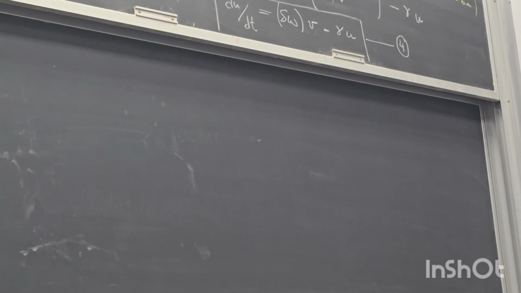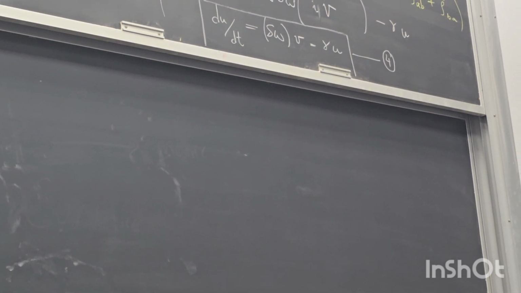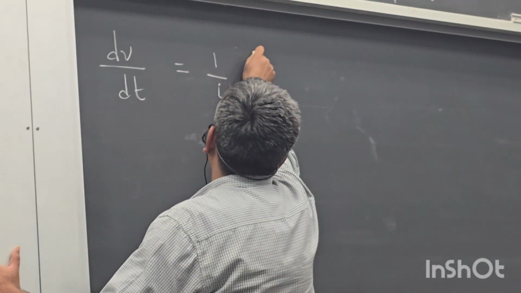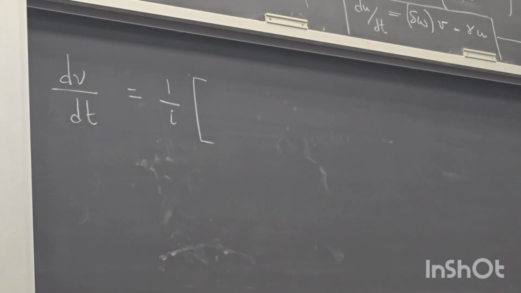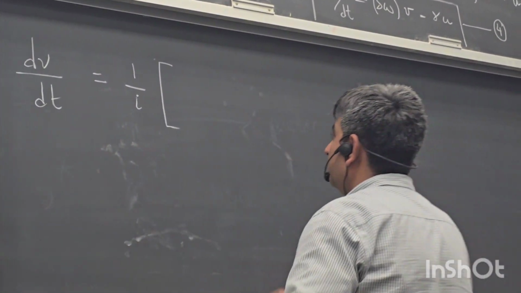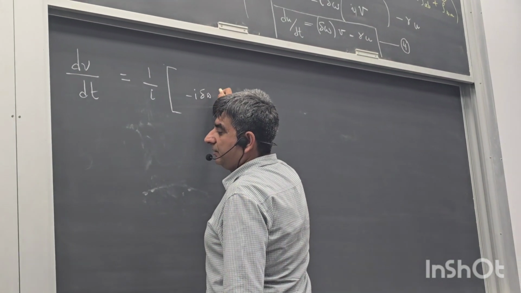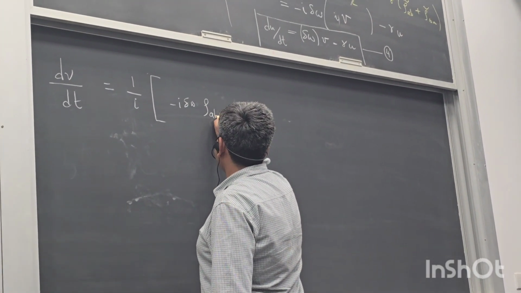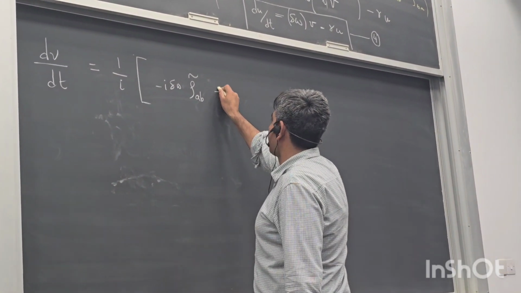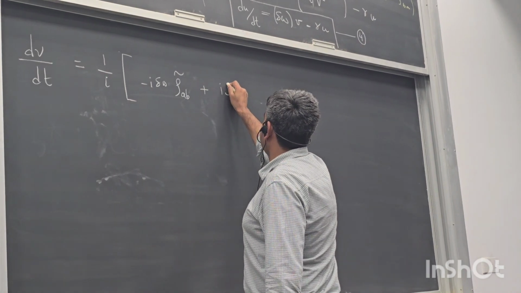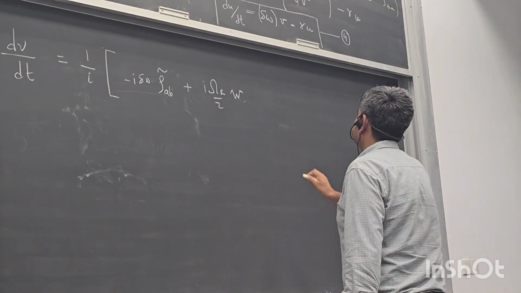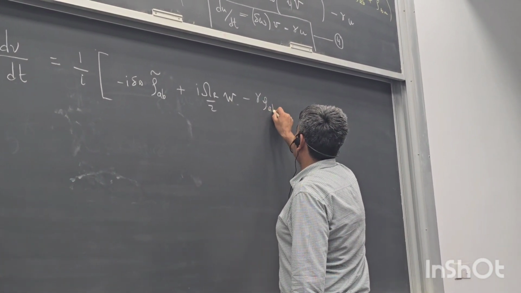Rho AB is 1 over iota rho AB, the derivative of rho AB minus this. So I want to take first of all minus I delta omega rho AB tilde. Let me first of all write all of this plus iota omega R over 2 W minus gamma rho AB tilde.